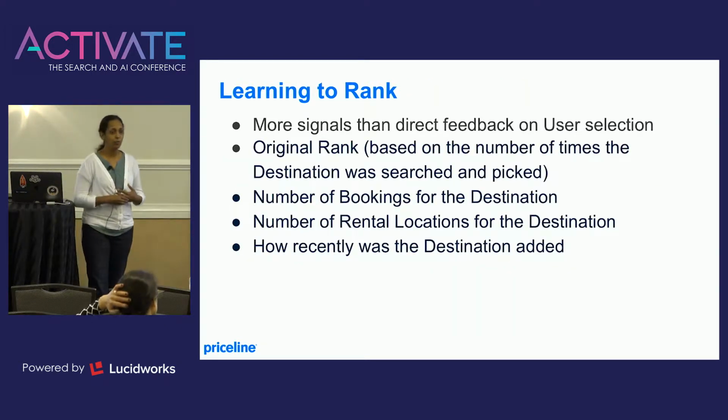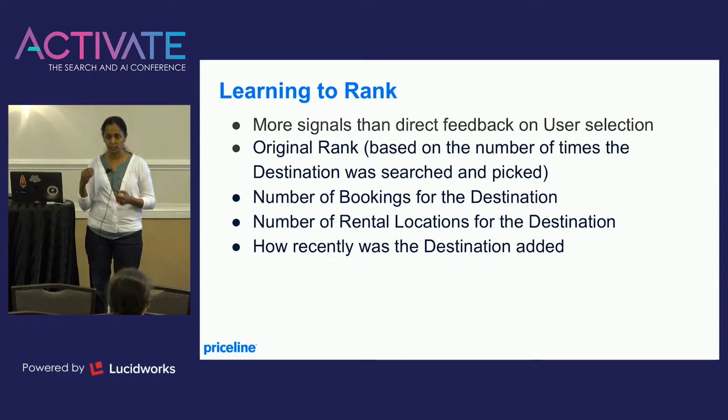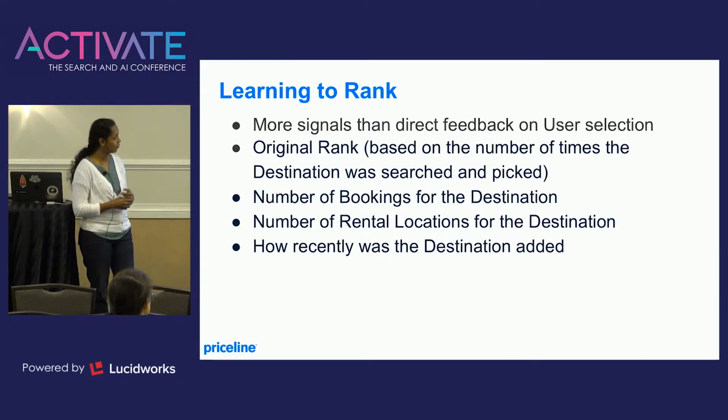We definitely want to do more than what the re-ranking process or the standard custom ranking is doing for us. So we want to take care of more signals than what the user chose in the suggest component, for example, the number of bookings for the destination.